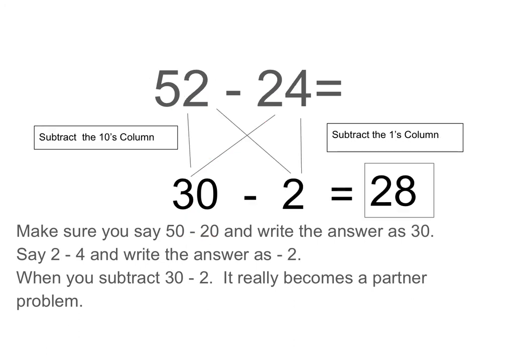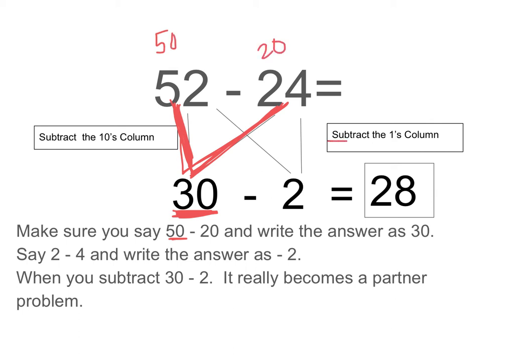Great job. All right. 52 minus 24. So we're going to subtract the tens column. So we take the 50, make sure you call it a 50, and we're going to subtract 24. So minus 20 equals 30. Make sure you call them by the value. That's a 50, that's a 20.